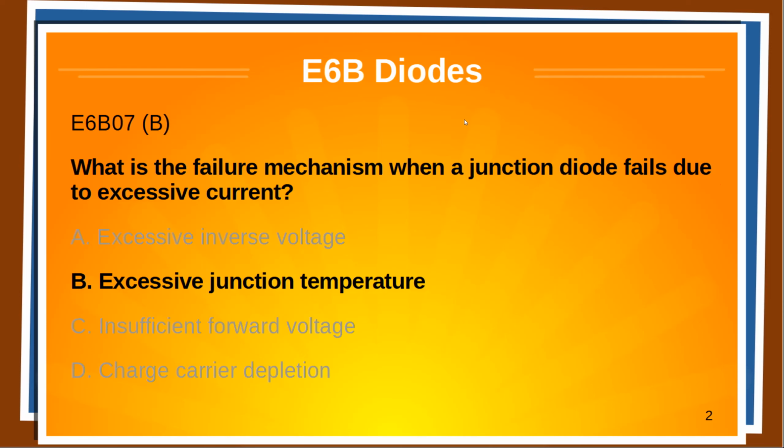What's the failure mechanism when a junction diode fails due to excessive current? Well, I guess there's a whole chart missing about junction temperature. It was there a day or two ago. But anyway, the answer is excessive junction temperature.